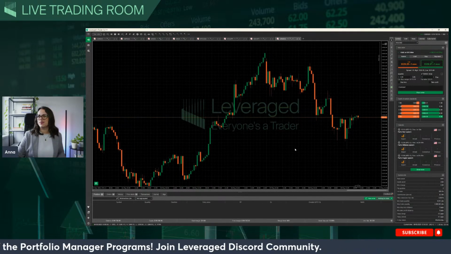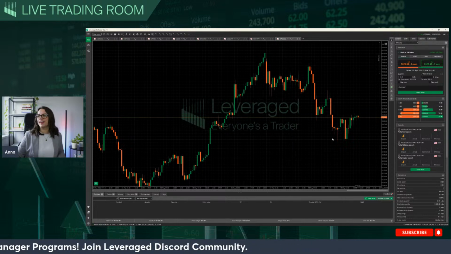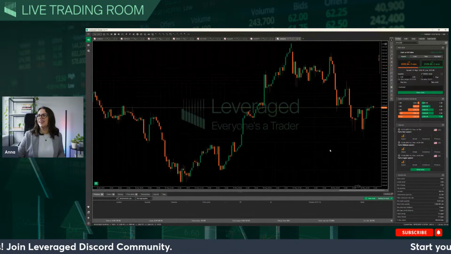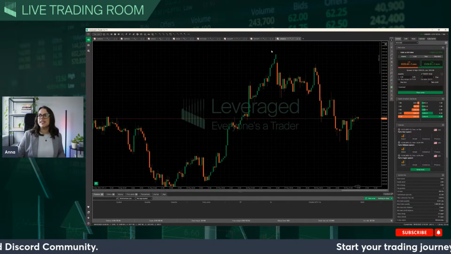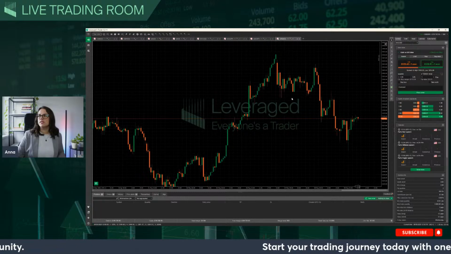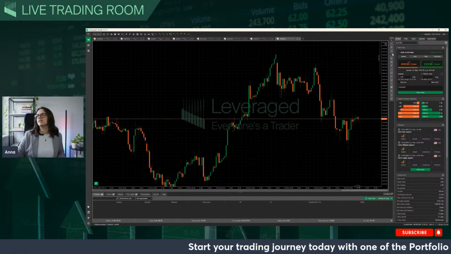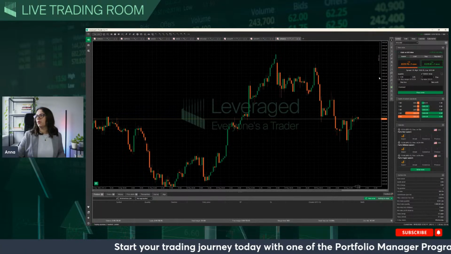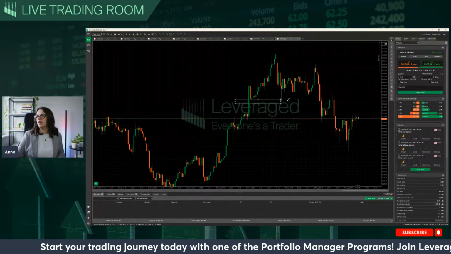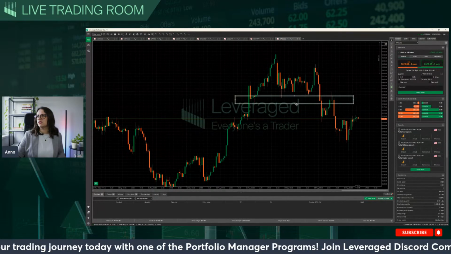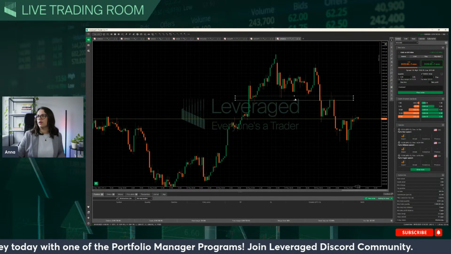Some traders even laugh that gold is now moving like a crypto, right? It's crazy. So we reached the highs, and it was holding the support. This is such a perfect example of the zones, right? This was our support right here.